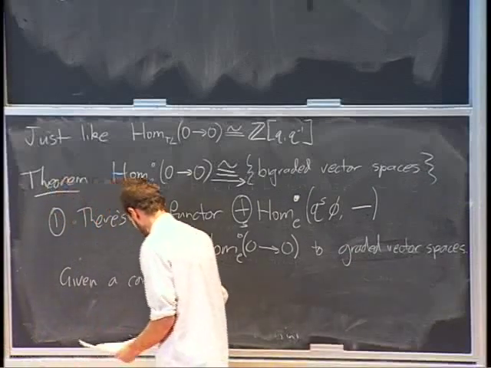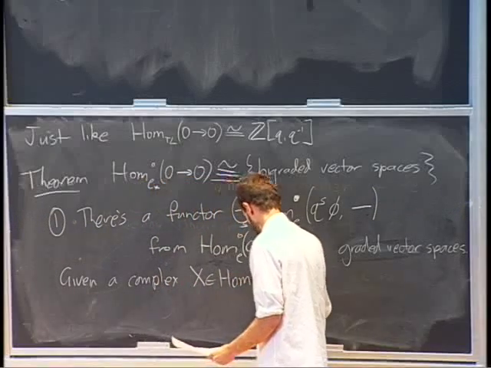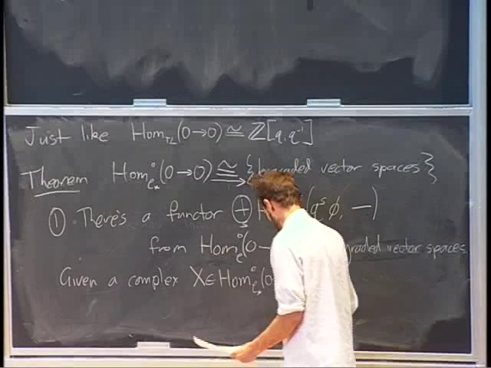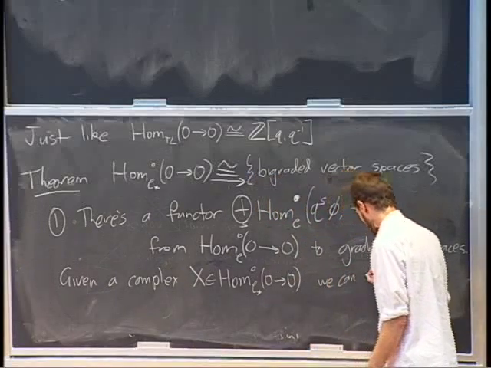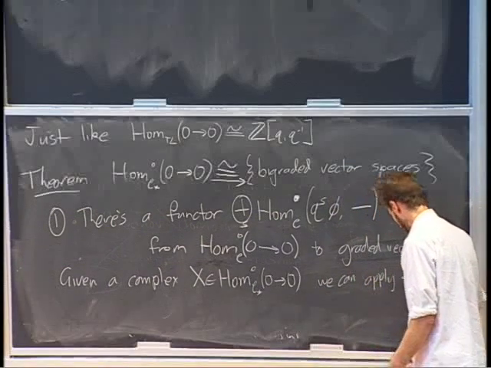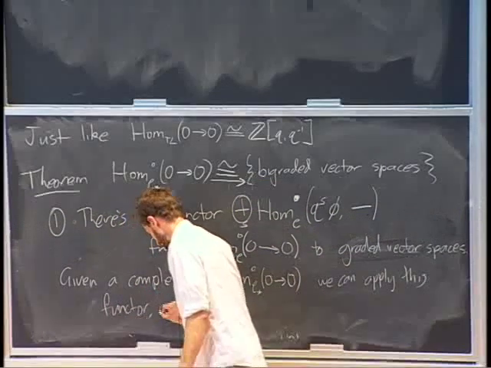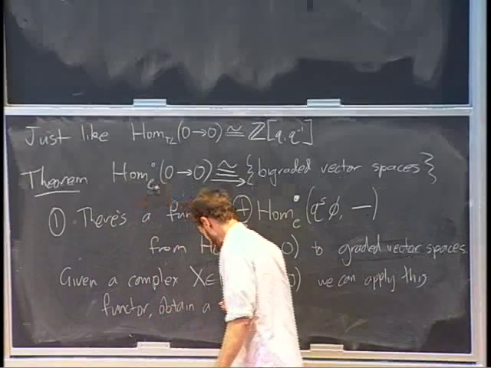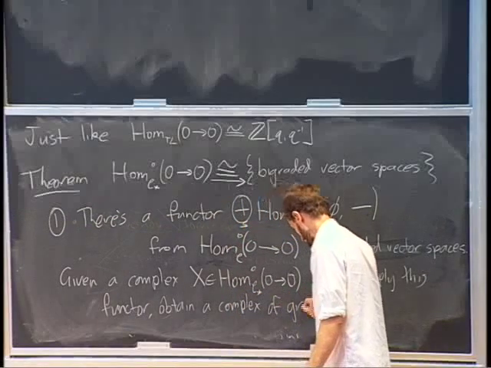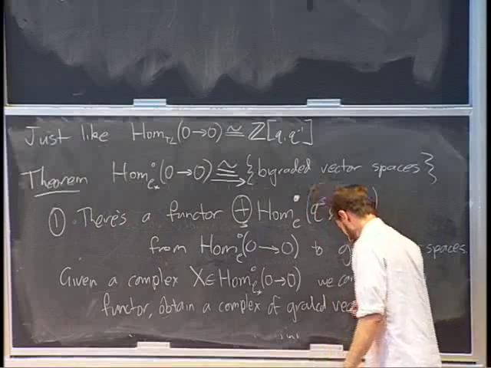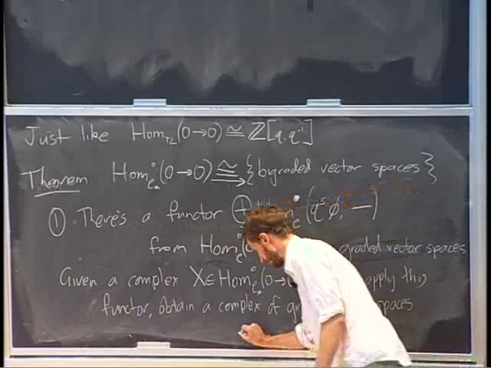So given a complex X in the homotopy category, we can apply this functor, get a complex of graded vector spaces and then take homology.